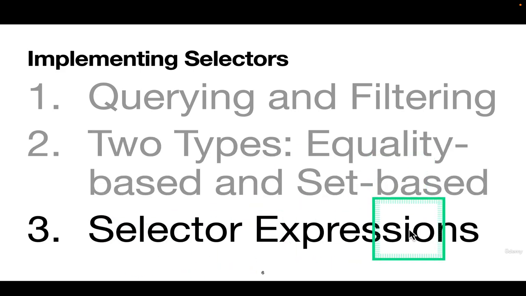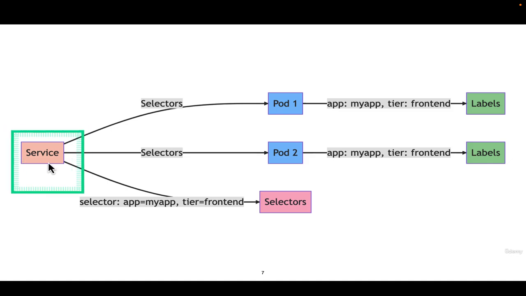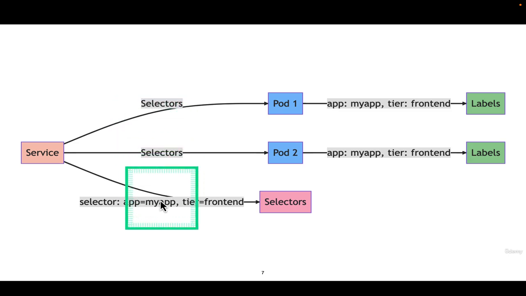Selector expressions are used to define the selection criteria for a particular object. This is about the selectors for the service. The service uses a selector to identify which pod, because a service is an abstract object. Abstract in the sense that it is used to serve traffic, but that traffic eventually goes to certain pods.